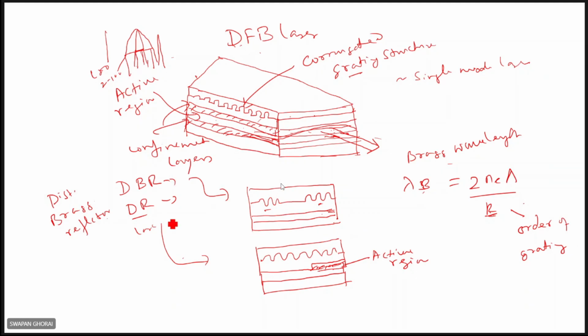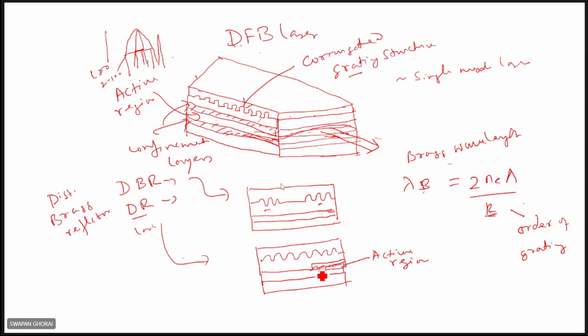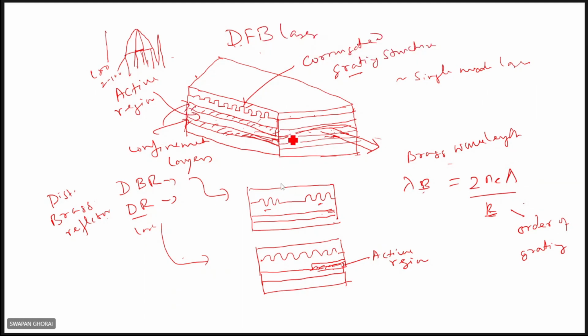One more structure is the distributed reflector laser, with active and passive regions. Here the active region extends throughout the device from end to end; only the grating structure is not throughout.